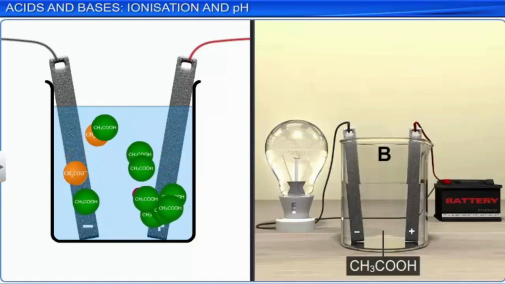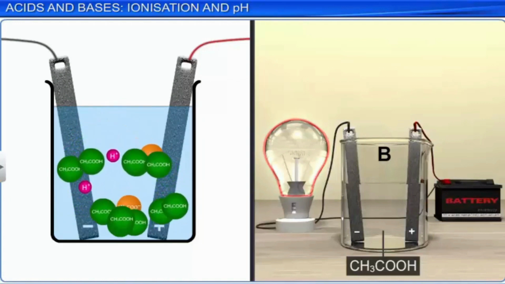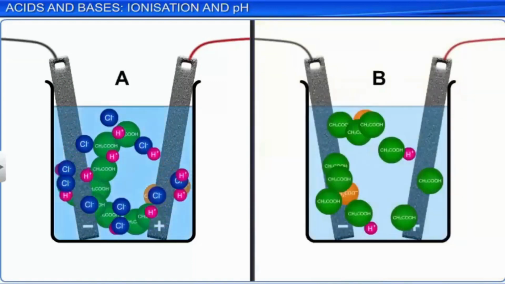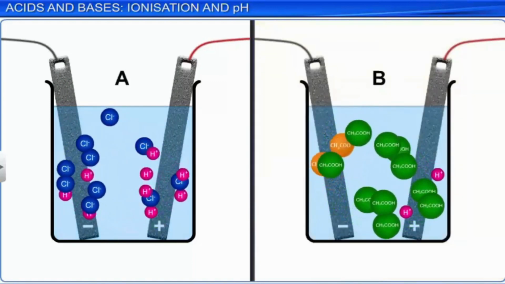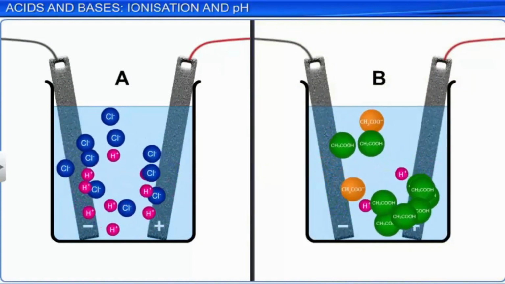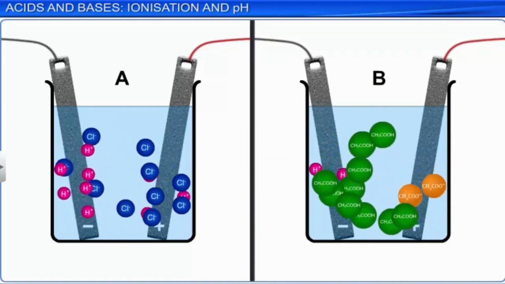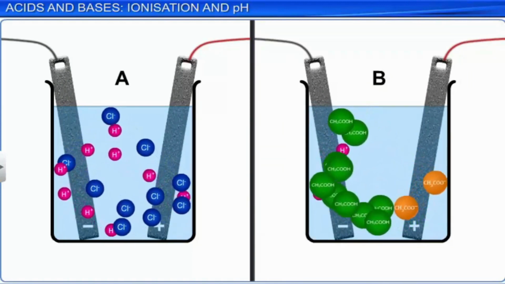Hence, the bulb glows very faintly. According to the Arrhenius theory, the strength of an acid and a base is related to the ease with which they function as a source of H+ ions and OH- ions in an aqueous medium.